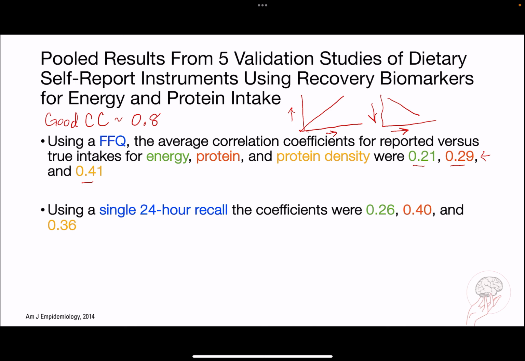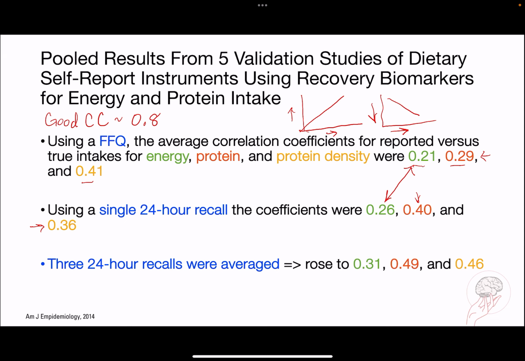Using a single 24-hour recall, we see fairly similar results for energy. A single 24-hour recall correlated with calorie intake at a pretty low level, 0.26. It was slightly better for protein, but actually slightly worse than the food frequency questionnaire on protein density.